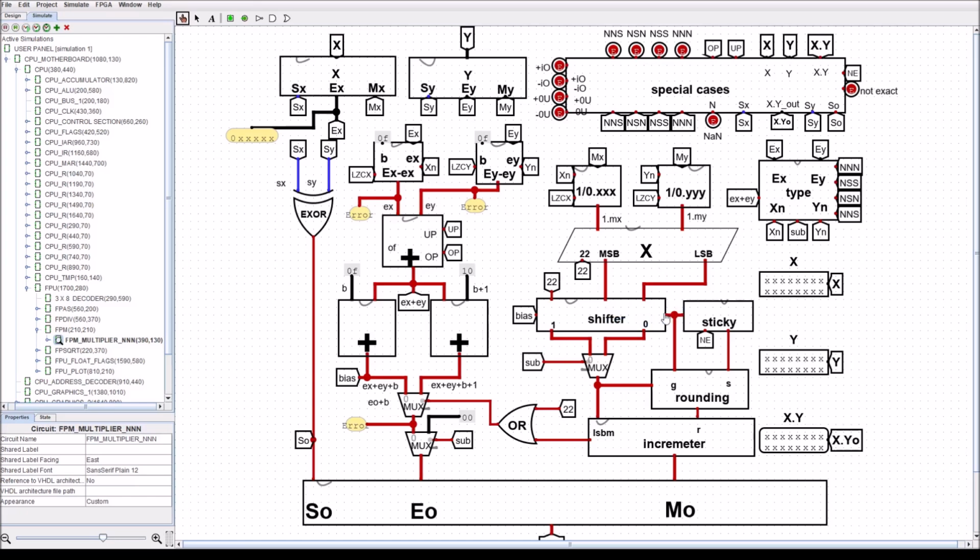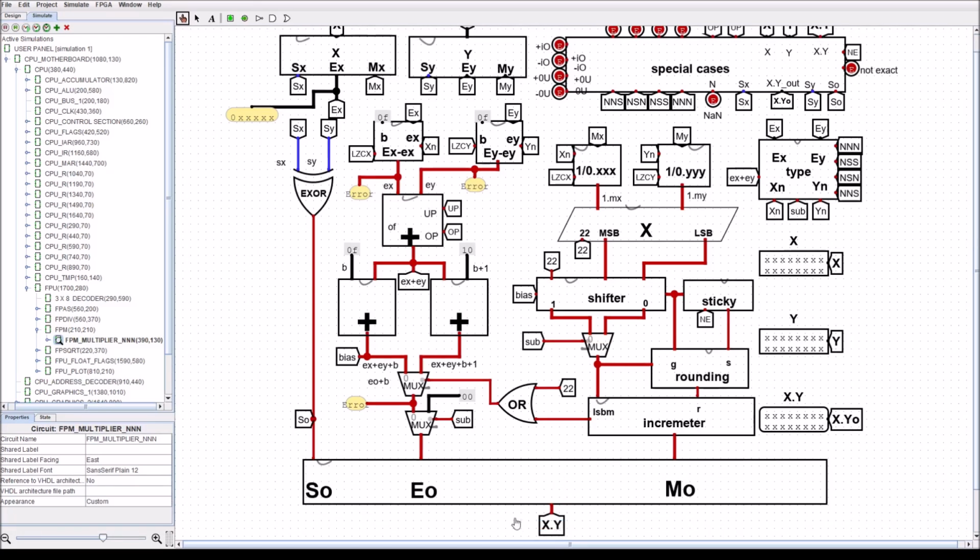Now there's an extra bit of circuitry which we never showed in the diagram, so it's a shifter, because this mantissa would potentially have to shift the decimal point. Now we're also going to have the sticky bit, the rounding bit, and the incrementer here. And the final output for the mantissa comes from this point. And then we end up with the final output x times y.